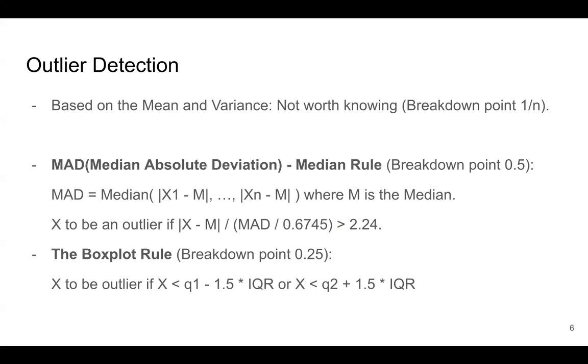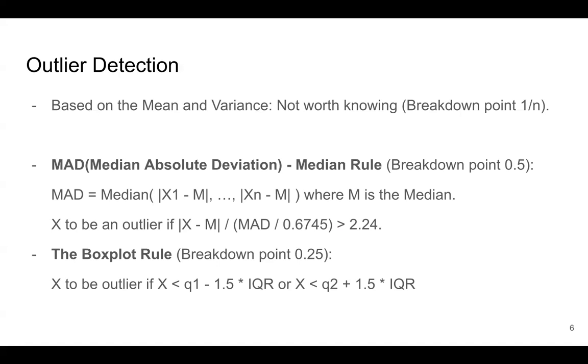If you have one outlier in your sample, then the mean and the variance are already unreliable. Are you really going to trust a method that uses unreliable, not so robust measures? I don't think so. So we're going to skip the first method.